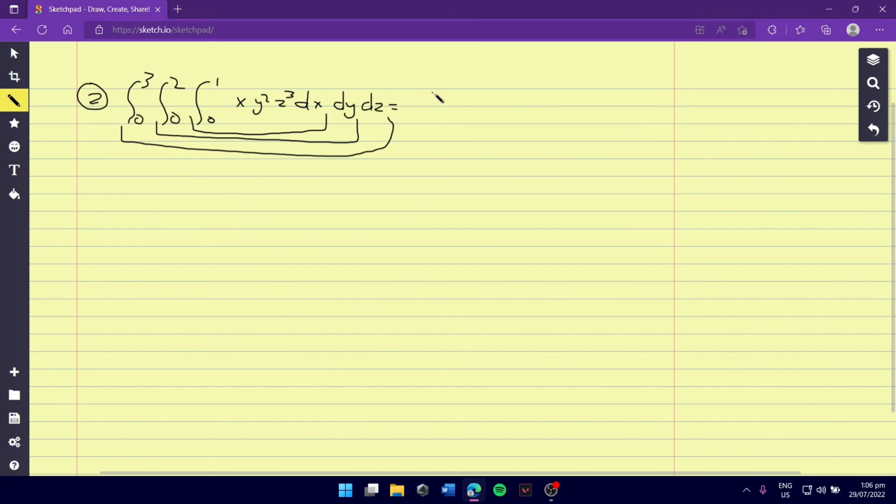For the first term, we copy the 0 to 3, the 0 to 2, and then integrate x here. y squared is constant, and z cubed is constant, so only x will be integrated. This will become x squared over 2, with the limits from 0 to 1, dy dz.